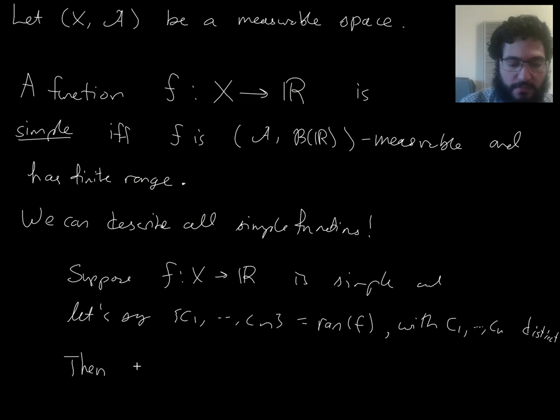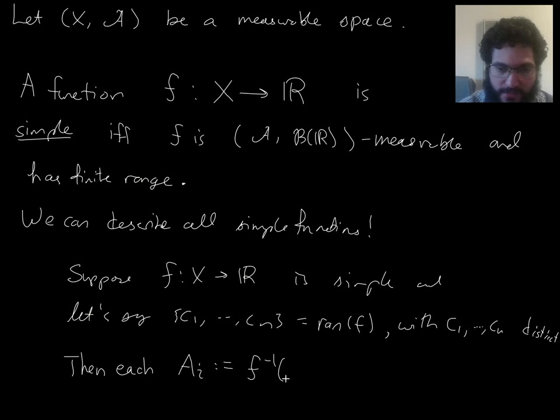Then each preimage of each one of these numbers, let's give these names. Let's call them A sub i's. So these are going to be defined to be the preimages under f of these singleton sets. A sub i is all of the points in big X that map to this exact value, c sub i. Then these are all measurable.